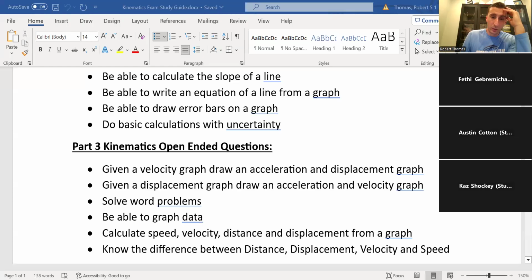So part 1, there are 15 multiple choice, and part 2 is 7 questions, and then part 3 is 4 questions, but there's a lot of different A, B, C, but it's pretty easy. I'll give you this test and then I'll show you what I gave last year.